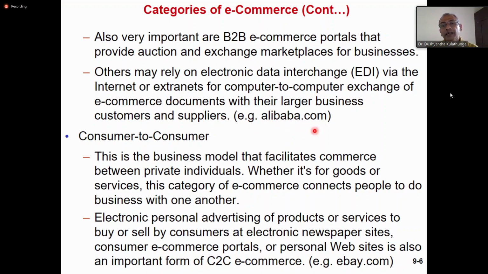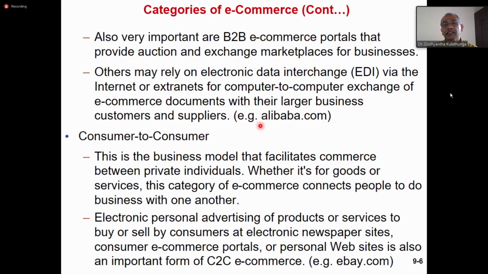This Alibaba example is not directly related to this one. It is a common example which we can usually take for electronic marketplaces. Alibaba is an electronic marketplace connecting many buyers and sellers.